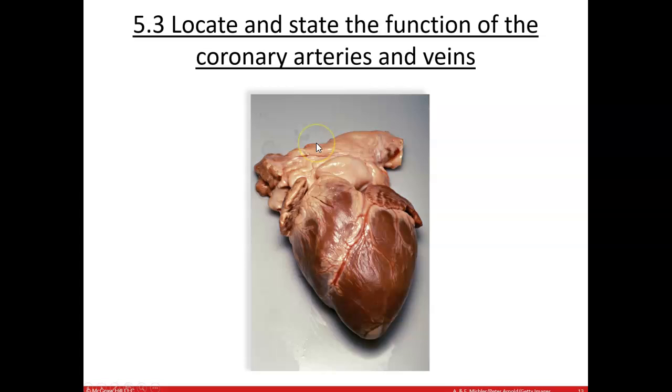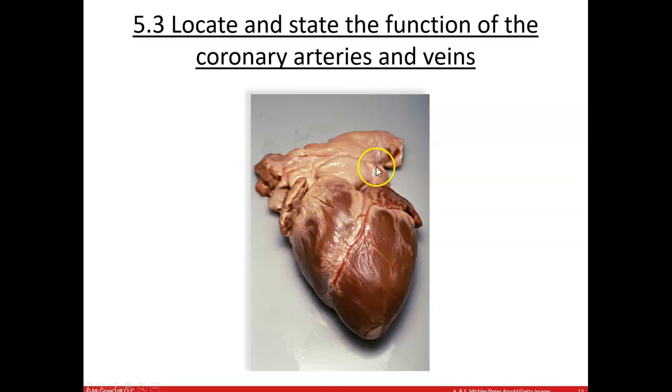The other structures I want you to notice is the heart kind of looks a little bit different on the outside, right? It's kind of like these flaps right here, they cover the atria. Most of the heart you see here are ventricles. But what I wanted you to notice here is right here. These blood vessels here that are on the surface of the heart. So not only does the heart have to deliver oxygenated blood to the whole body, but the heart itself needs oxygenated blood.